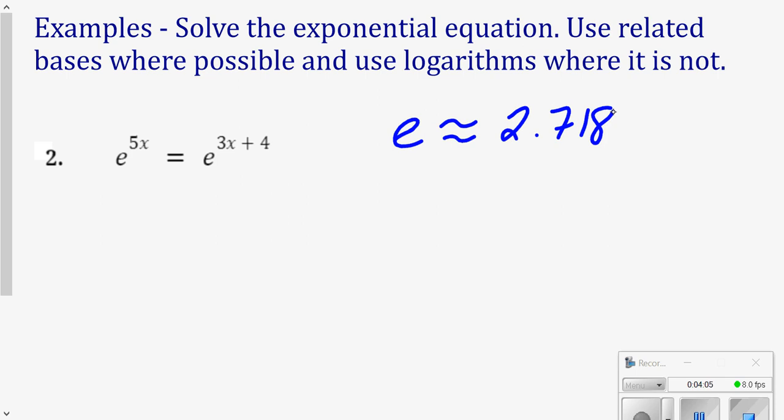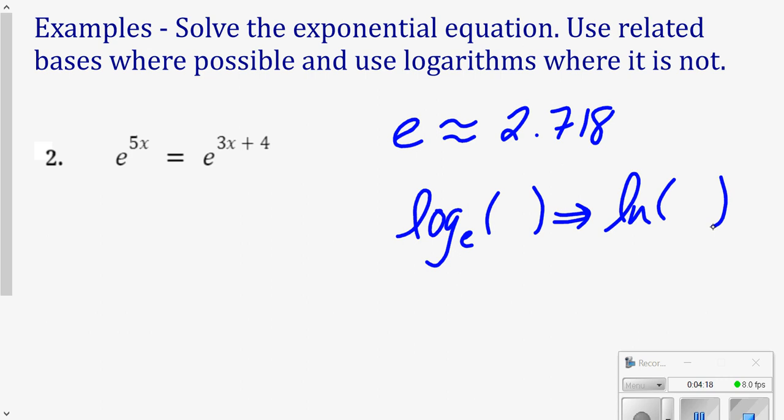E is the base of the natural log. So you could write any log with a little subscript, but log base e is used so commonly that it has its own symbol. It's an L with an N, which means natural log. It came from a different language than English where the word order is different.